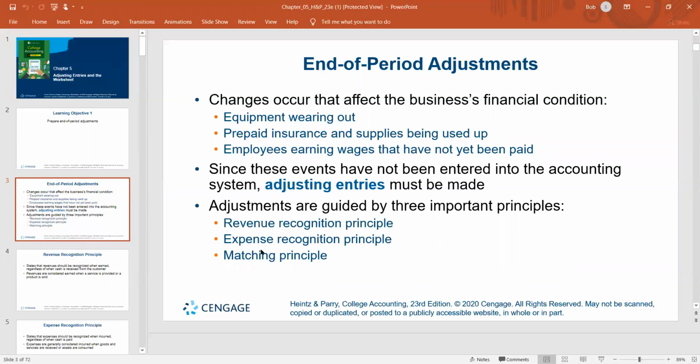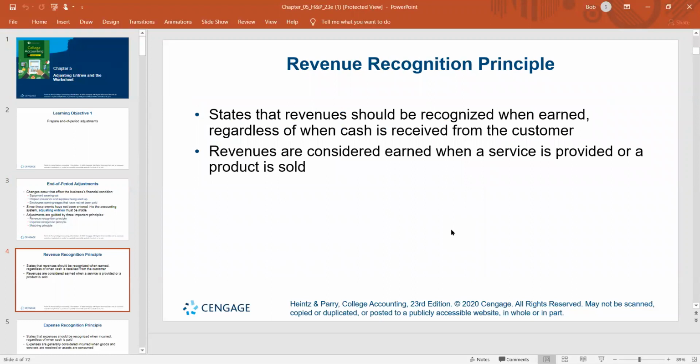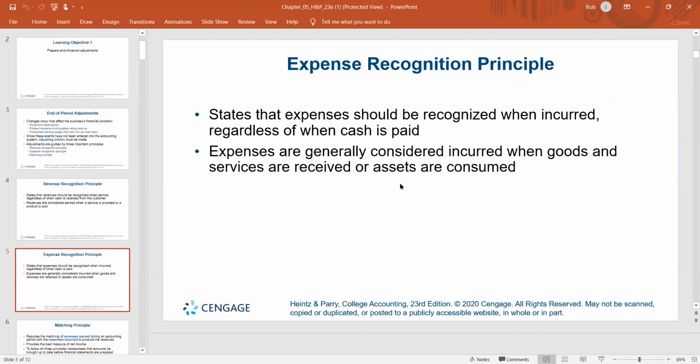And why? We are observing the matching principle. It matches revenues and expenses. Matching revenues and expenses, not revenues and assets or anything, revenues and expenses. Revenues are recognized when earned, has nothing to do with the cash, and revenues are earned when you deliver your product or you render the service.